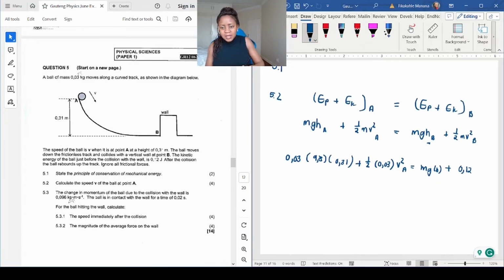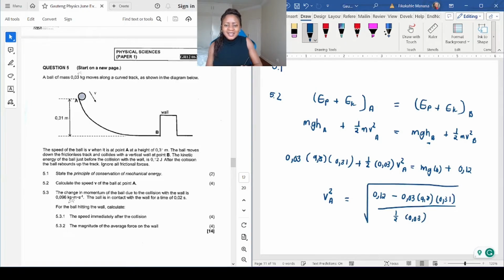So velocity squared at A is 0.12 minus 0.03 times 9.8 times 0.31, and that is all divided by half times 0.03, and we can square root both sides.